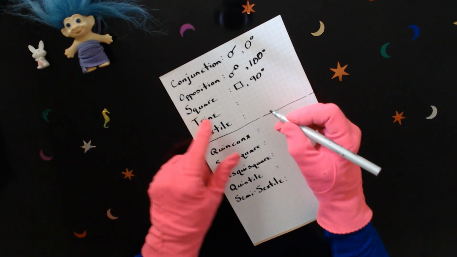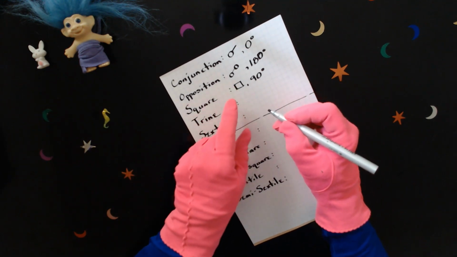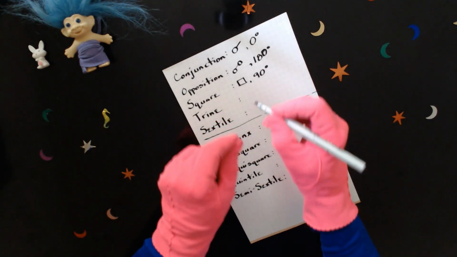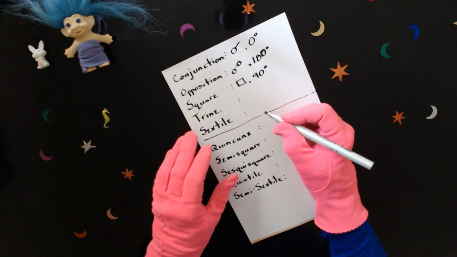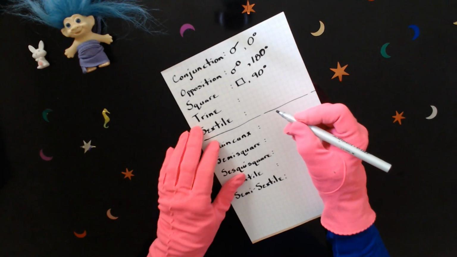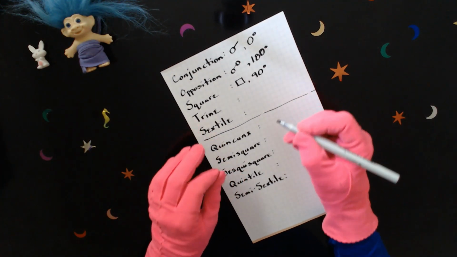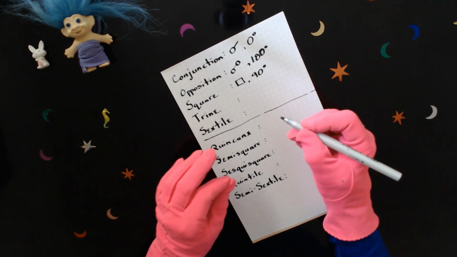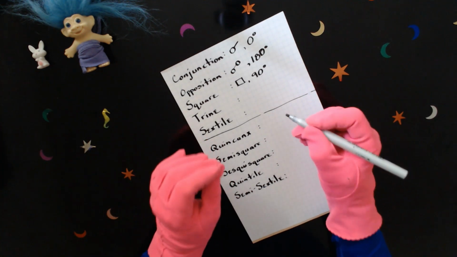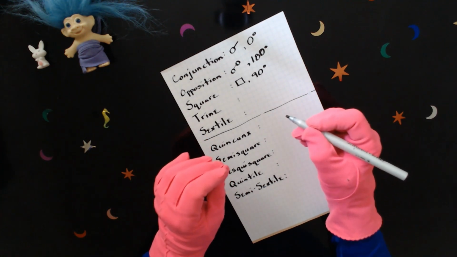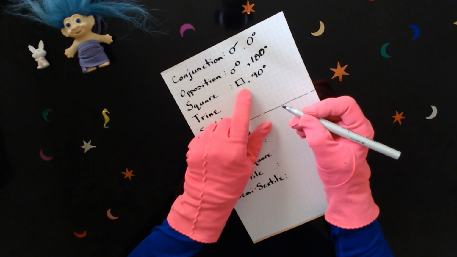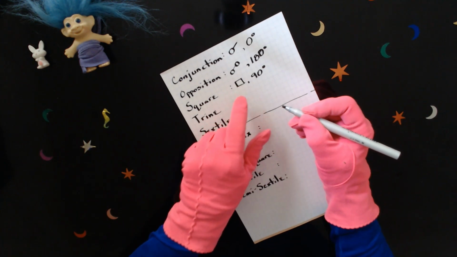The square is even more difficult than the opposition because you're teetering between 2 energies. It can create quite a bit of struggle because you've got conflicting urges going back and forth. But the square must be dealt with in your life.